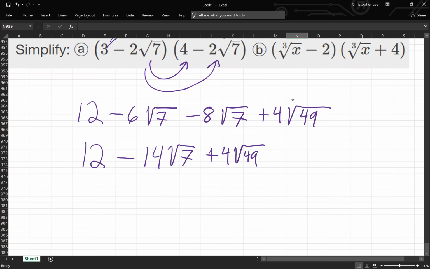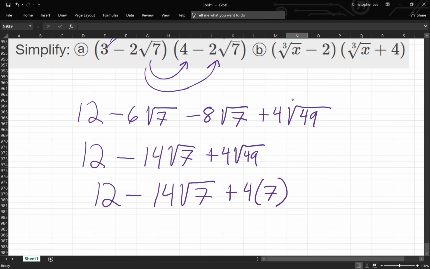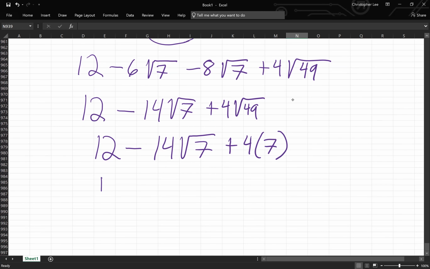But hold up. Square root of 49 is what again? 7, right? So this becomes 12 minus 14 square root 7 plus 4 times 7. What's 4 times 7 again? 28, right? So I have 12 minus 14 square root 7 plus 28.